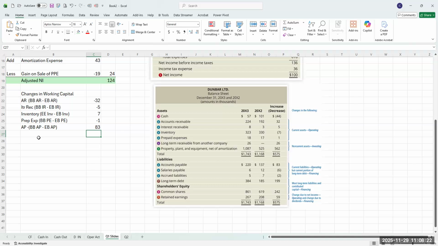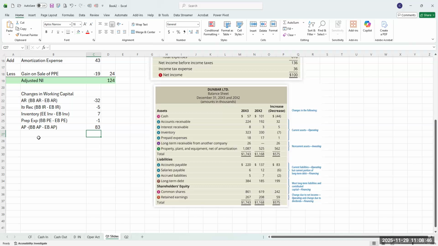Is that true? Let's think about it. Well, obviously, we had to pay $137 in the beginning.